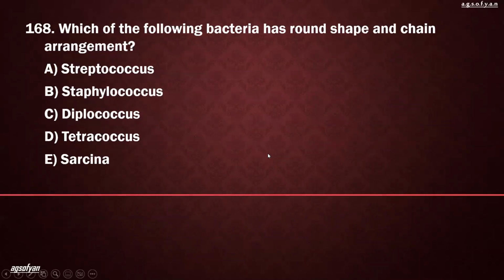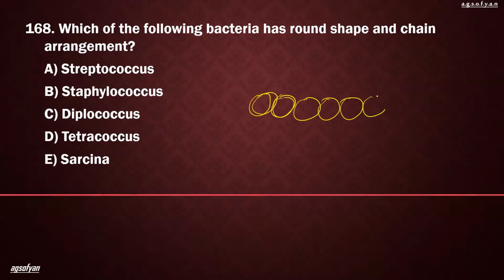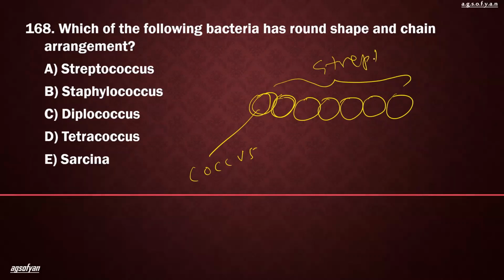Which of the following bacteria has a round shape and chain arrangement? We had this in your quiz last time. Round is coccus, right? And chain is strepto, so it should be streptococcus.